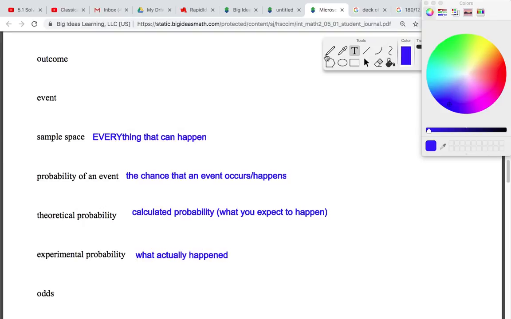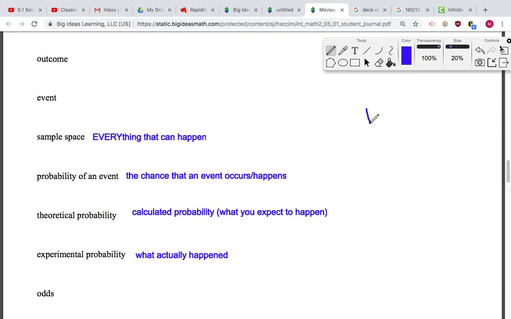So for instance, let's say flipping a coin, the easiest one. The calculated probability of a heads or tails is half and half, right? 50%, 50%. So you'd say, oh, okay, it's 1 out of 2. But then let's say we flip a coin 5 times.